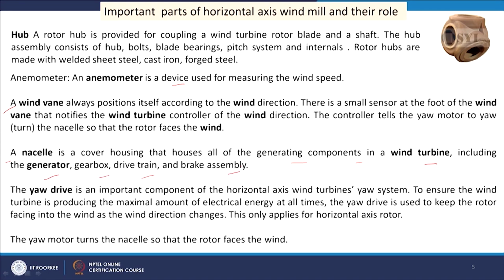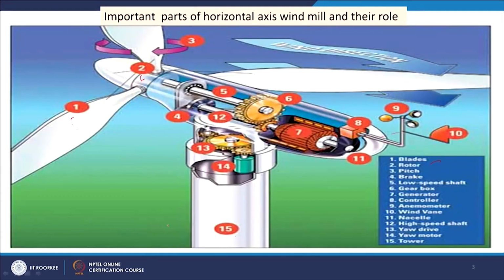And the yaw drive is an important component of the horizontal axis wind turbine's yaw system. To ensure the wind turbine is producing the maximal amount of electrical energy at all times, the yaw drive is used to keep the rotor facing into the wind as the wind direction changes. So, when the wind direction changes, the total nacelle will move in that direction, and this yaw drive will help for this movement.